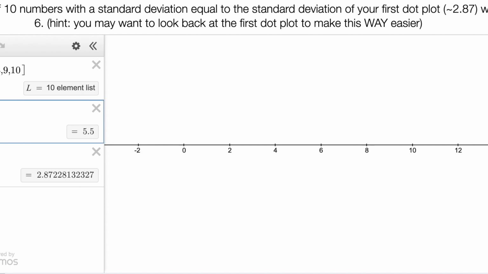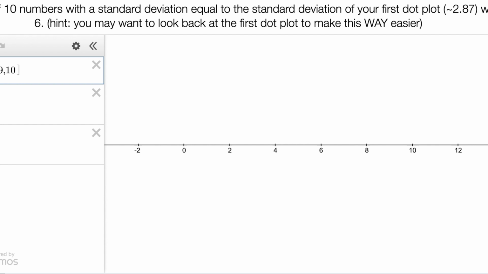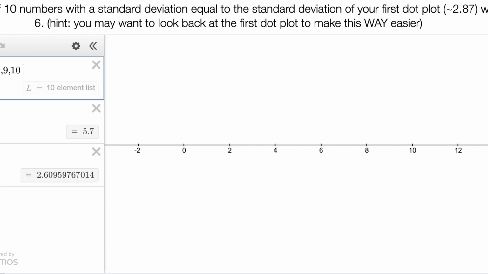So if I go back here and do 2, 3, 4, 5, change them all, we're going to go up by 1 on all of them, 8, 9, 10, and I'm going to change this one to 11. Now look what happens. We still have the same standard deviation, but our mean is up to 6.5. So we went too far.